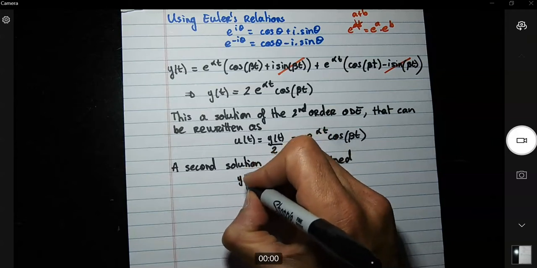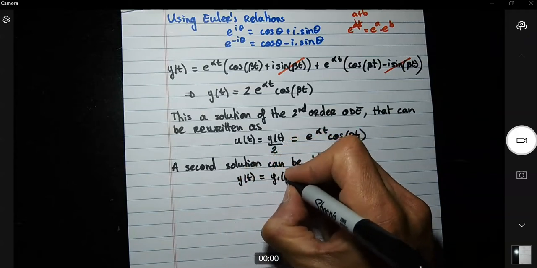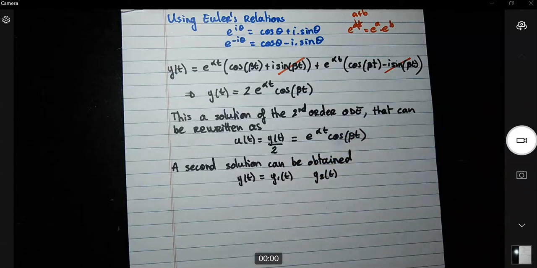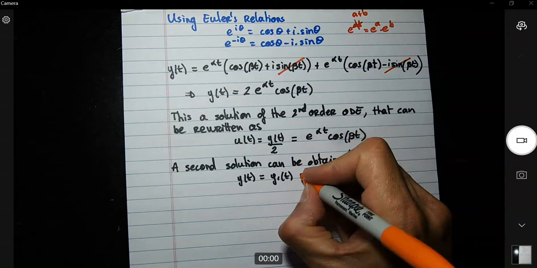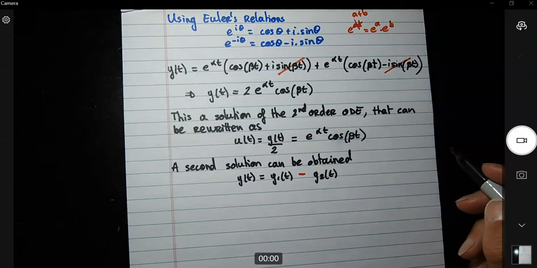So let's say y of t was equal to what? y1 of t, but before we put plus. Okay? But if we actually put a minus, the principle of superposition also works. Okay? And in this case, what will you have?